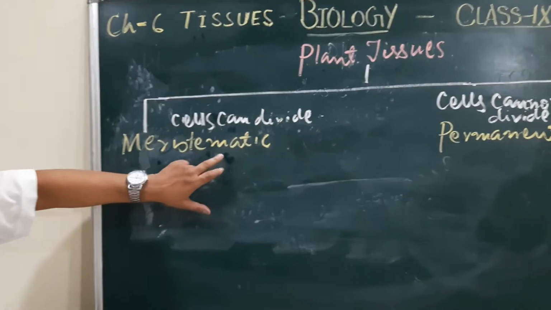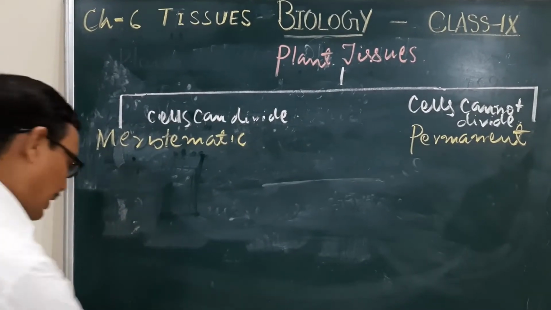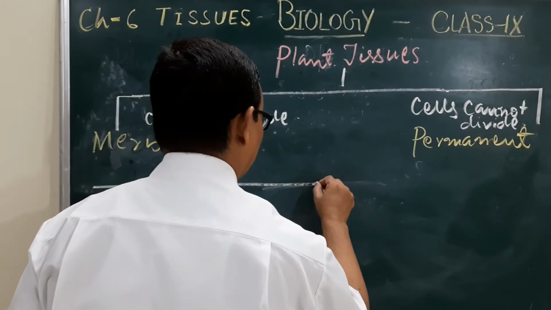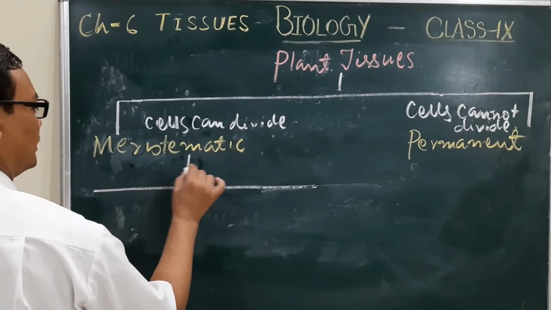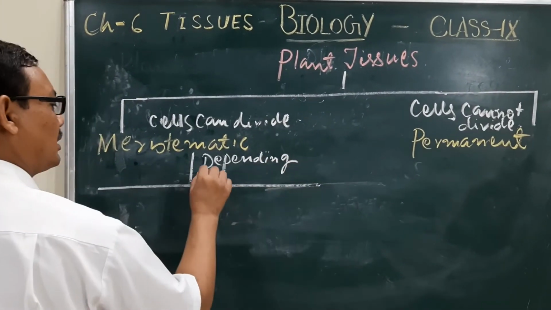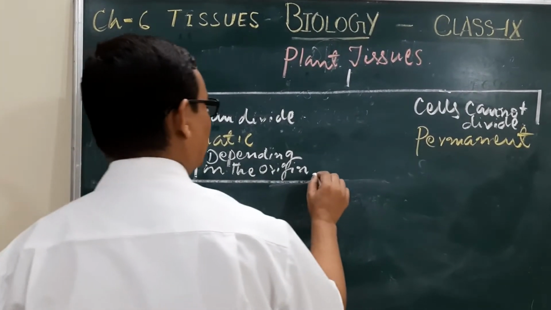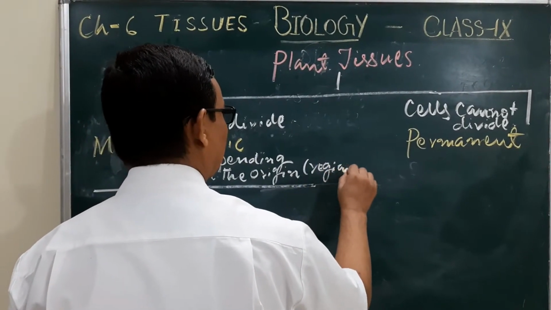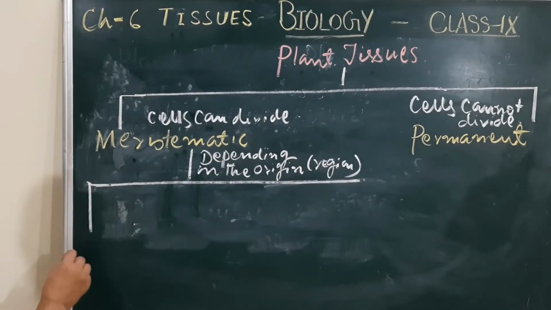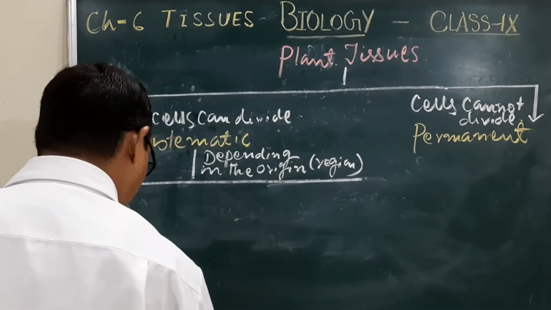Now, depending upon the origin, or the region where it is present, this meristematic tissue is again divided into three different types. What are those three types?